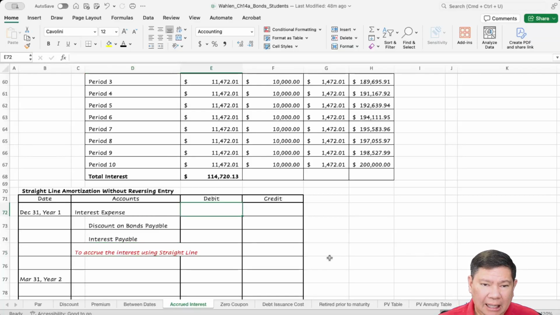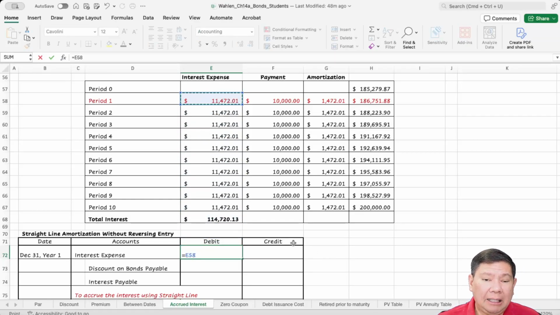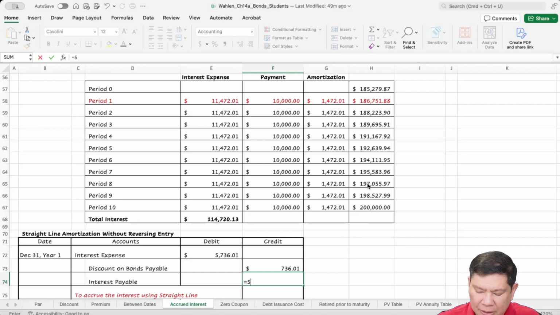Okay, so interest expense would be this interest expense, but that's for 6 months. So we want to report only for 3 months. So we divide that by 2. The discount amortization, we divide that by 2. And the interest payable is always $5,000. Or you can also do this payment, divide that by 2.